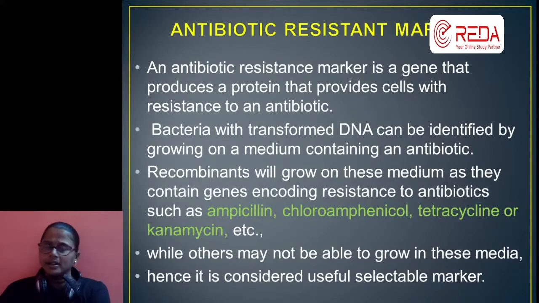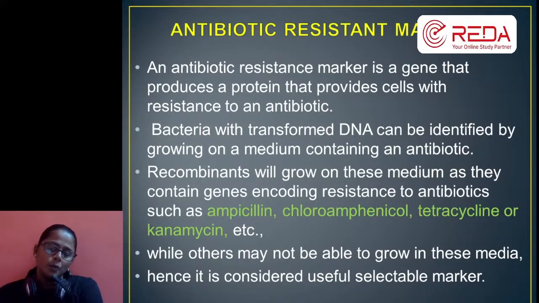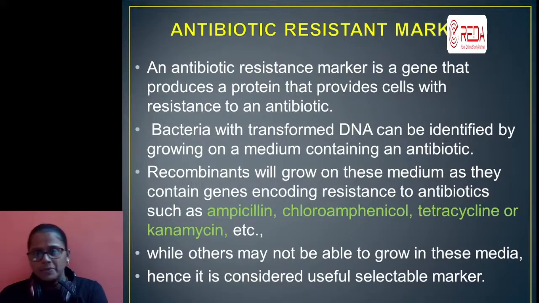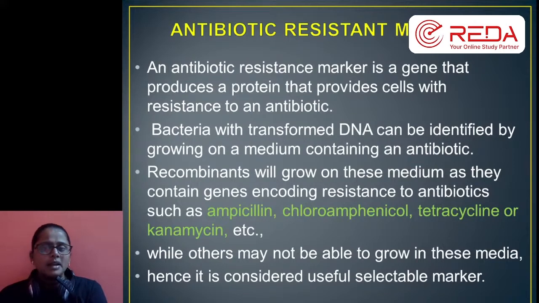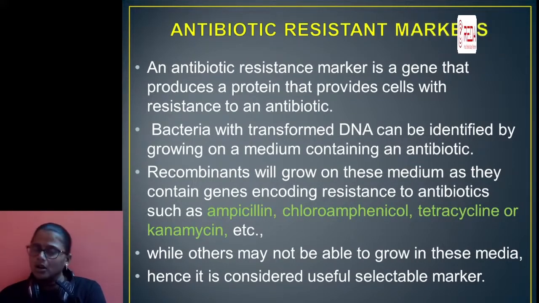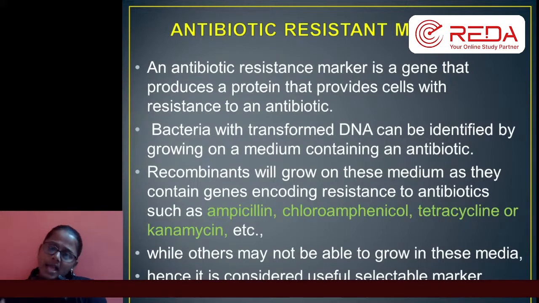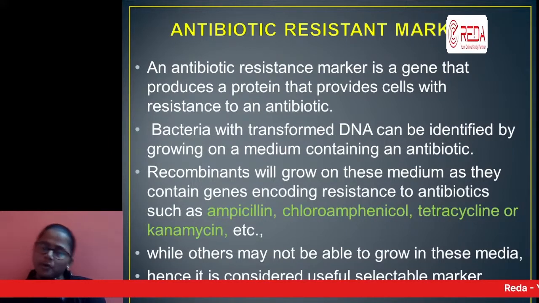This is one method to find out whether the rDNA has gone inside or not. Another method is called the antibiotic resistant marker. Antibiotic resistant genes like ampicillin, tetracycline, chloramphenicol, kanamycin and many others are present in the plasmid or in any type of vector.